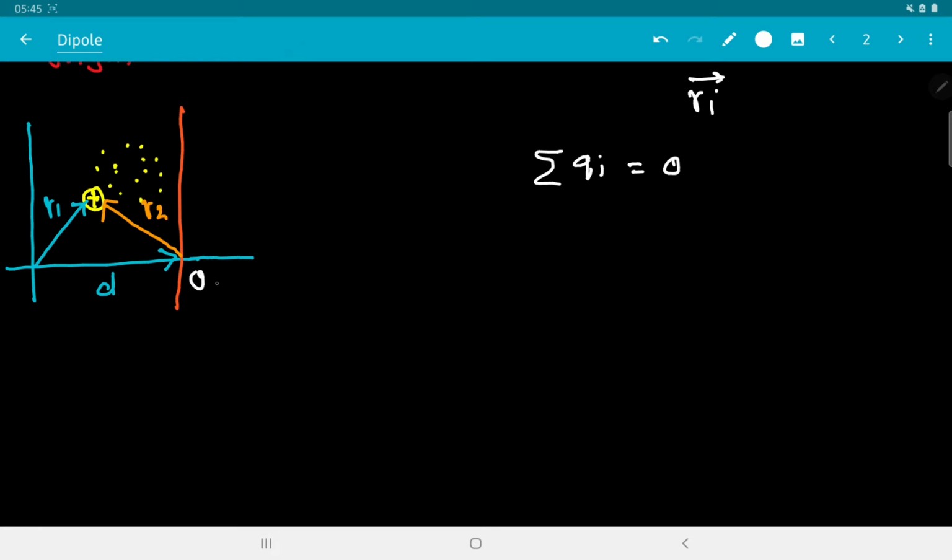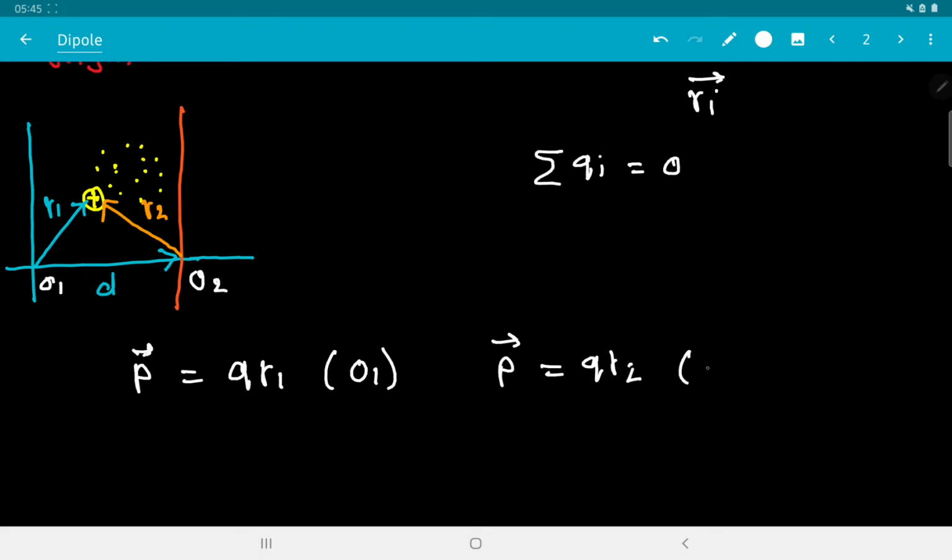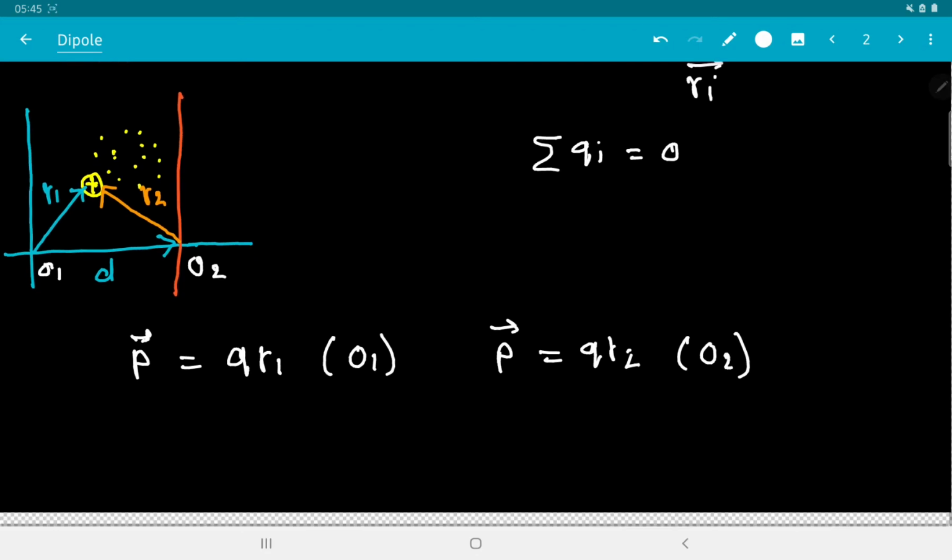Now, according to our definition, the dipole moment will be q into r1 for origin O1, and we can also define this as q into r2 for origin O2.